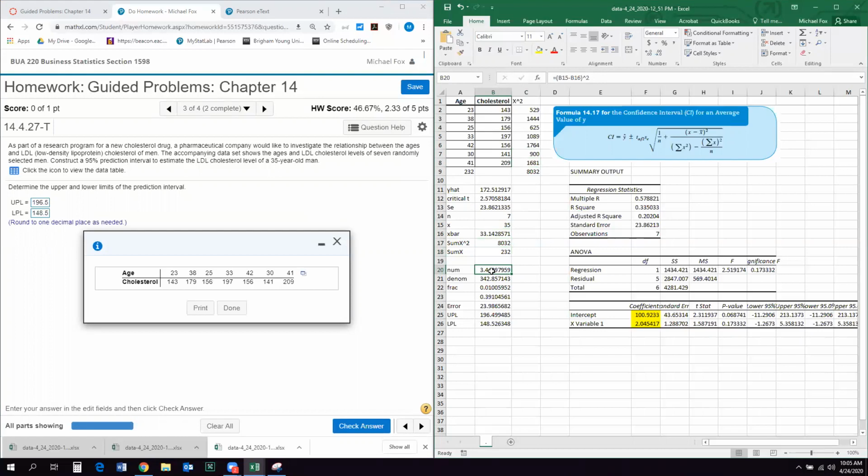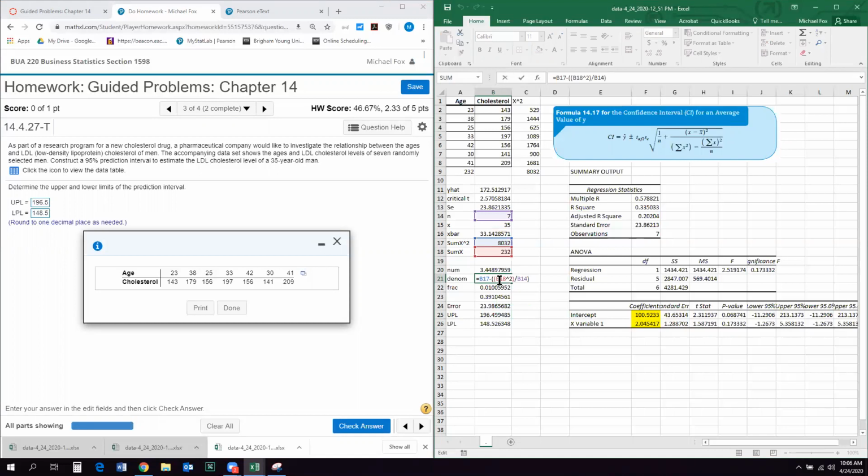All right, my numerator is X minus X bar squared. So X minus X bar squared. That's right.